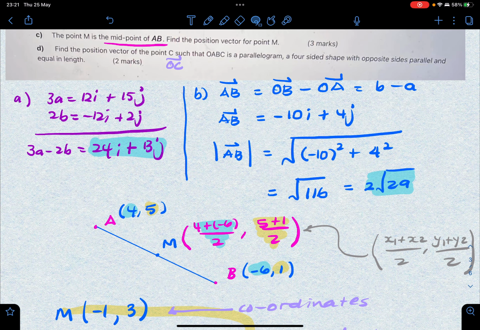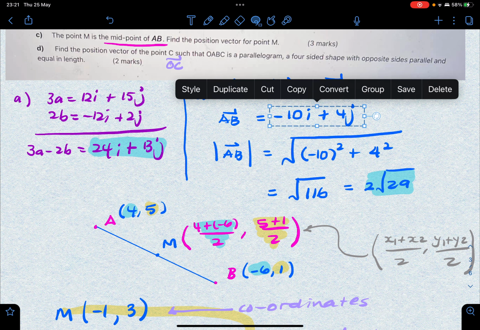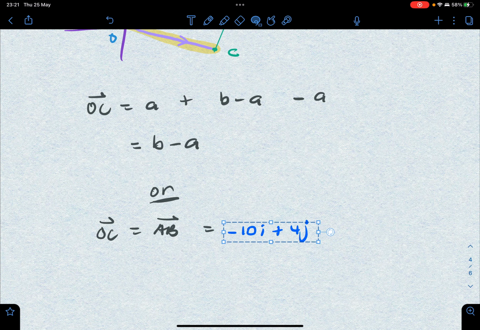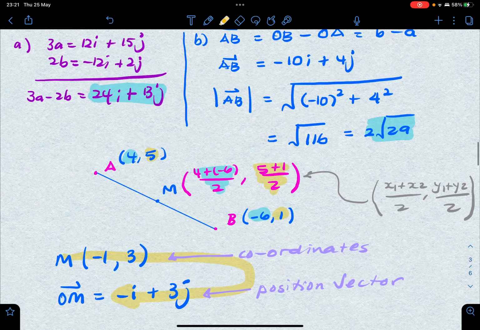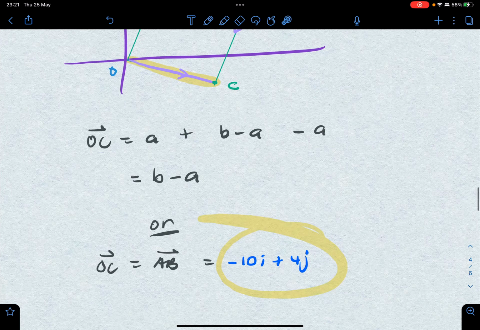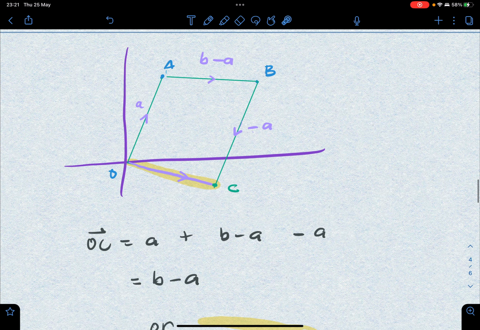Yeah, so AB is just that. So that's the answer to part D. This is the position vector of OC.